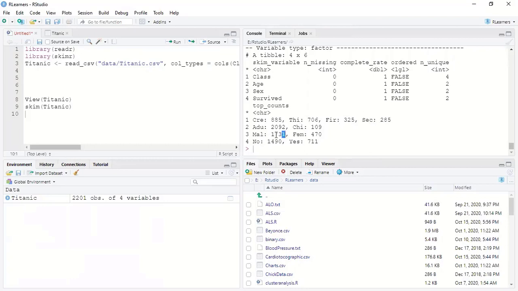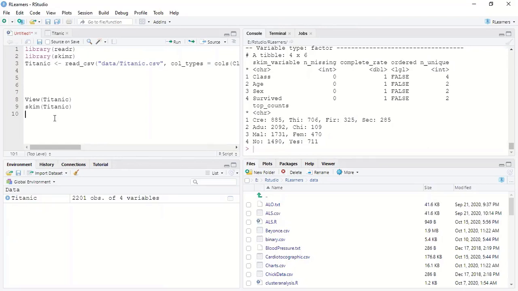Males, there were 1,731 males and 470 females, so it was really quite masculine there. People who did not survive were 1,490, and those who survived were 711. So only 711 survived.